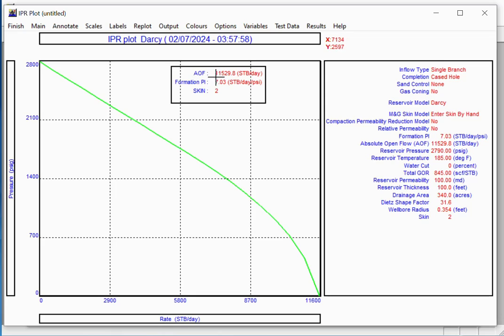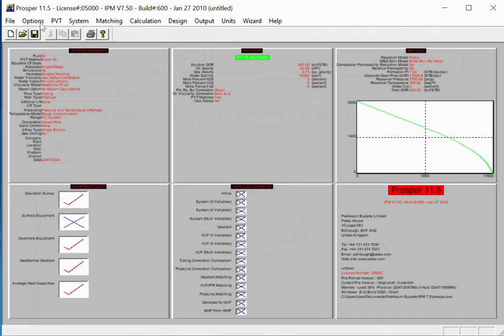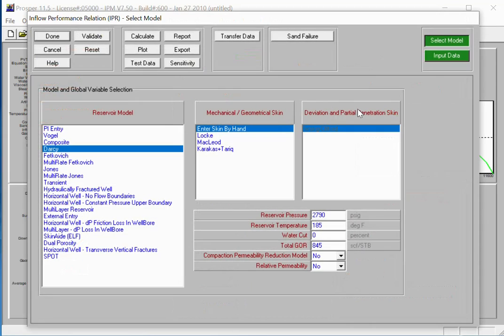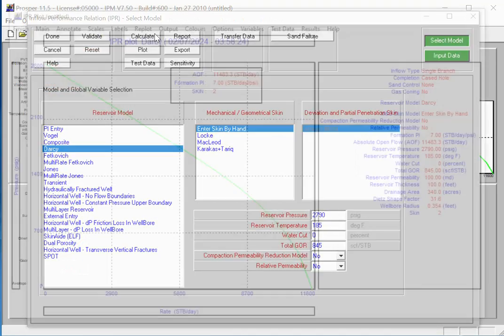Okay, so we had 11,516 initially, and now we have 11,529.8. So you see the effect it has on our model. You can also change this to some other one. Let's look at least squares. I think this was also pretty close. Then we can calculate this again and see.